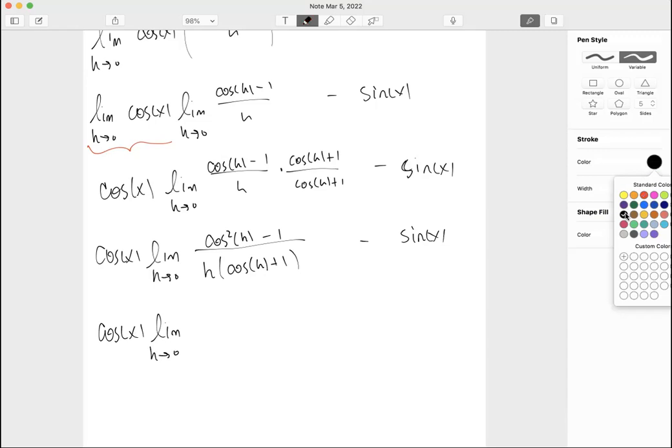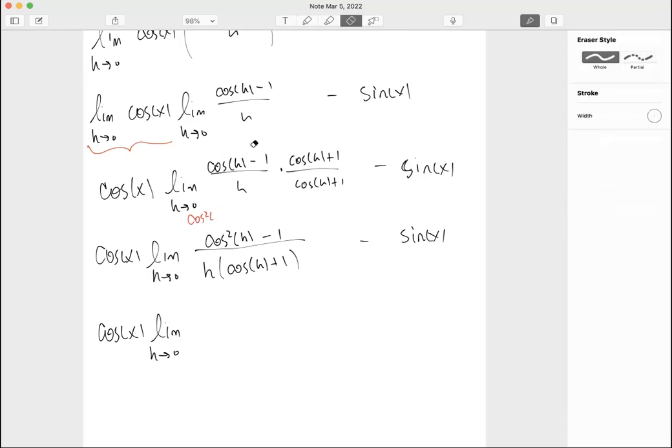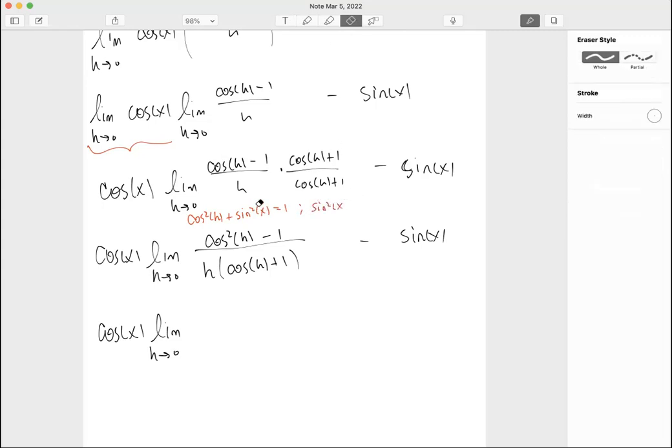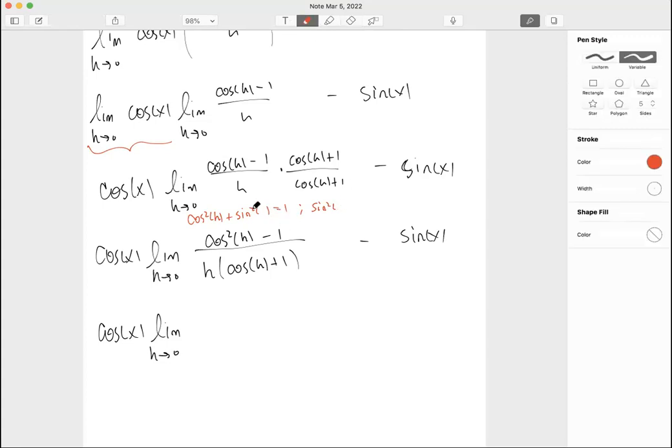Yeah, exactly. This comes from cosine squared plus sine squared of h equals 1, right? If you solve for sine squared, you get sine squared is 1 minus cosine squared.